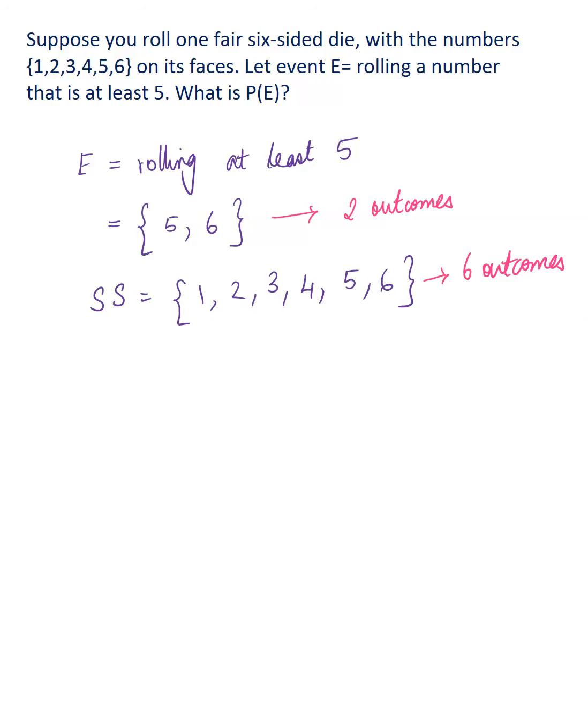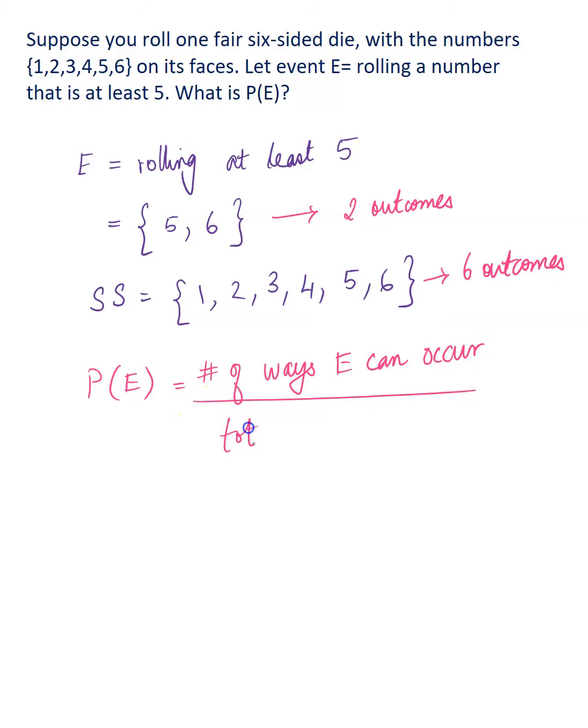Therefore, if we use the theoretical probability formula, which is the same as your relative frequency, right? If you did that, then we say probability of event E, because that's what they asked us, right? Probability of E is the number of ways E can occur divided by the total number of outcomes.